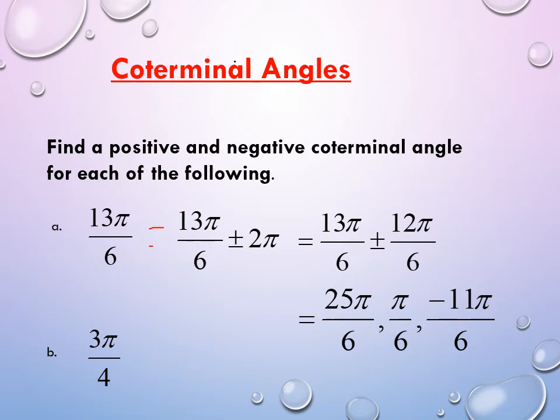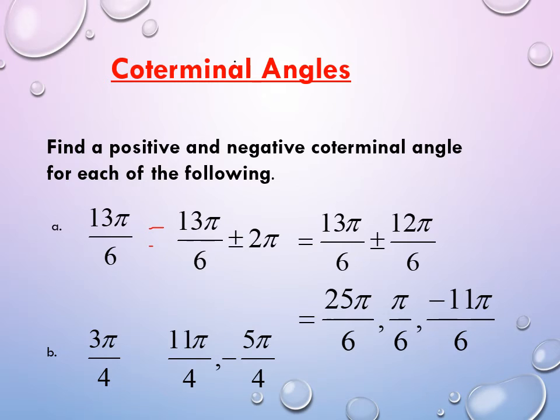And then 3 pi over 4 plus or minus 2 pi. When you do it, remember that that 2 pi can be rewritten, if we want to have the denominator of 4, as 8 pi over 4.